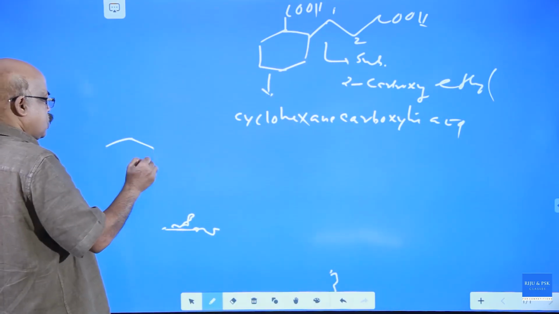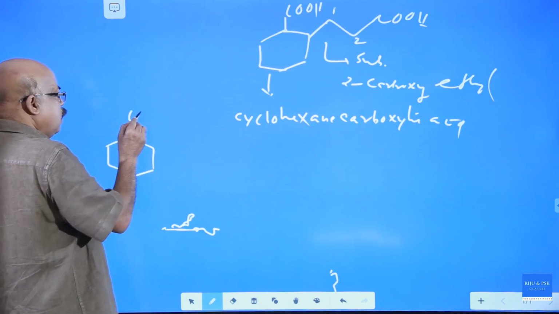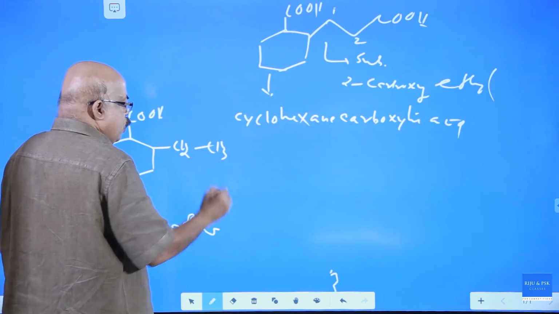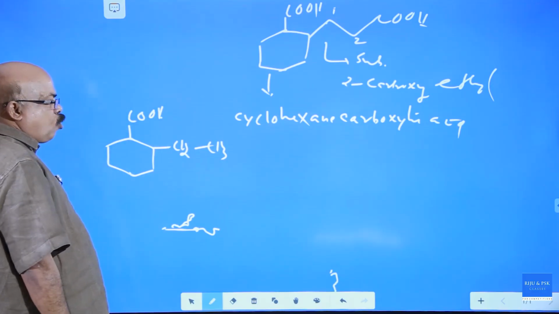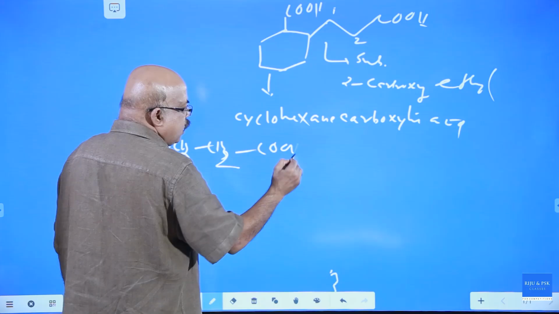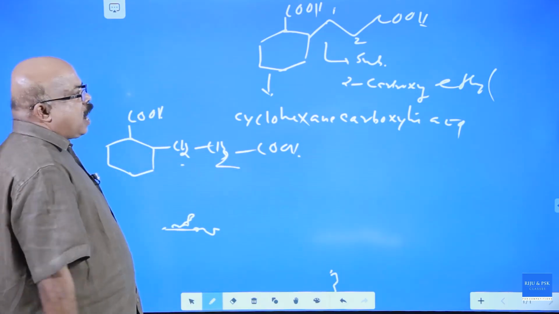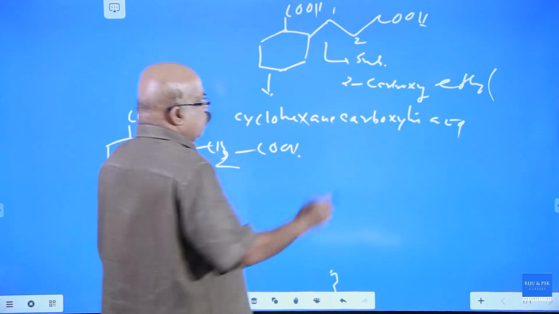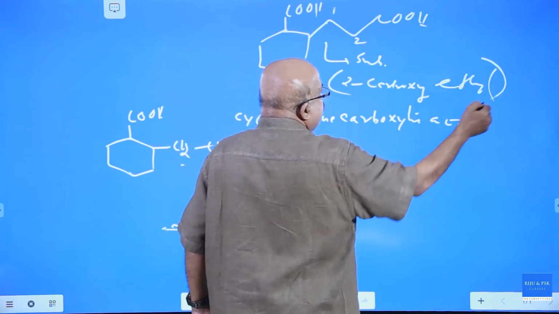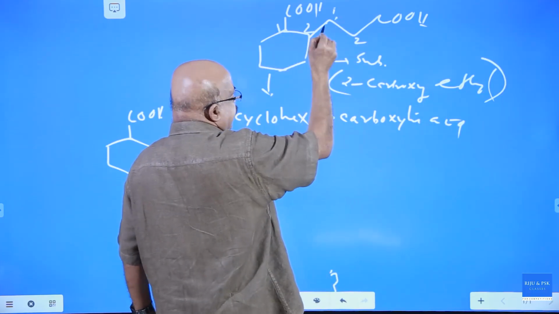That means this is ethyl, 2-ethyl cyclohexane carboxylic acid, where 1 hydrogen is replaced by COOH. So it is a carboxyethyl group, a 2-carboxyethyl group connected at the second carbon.